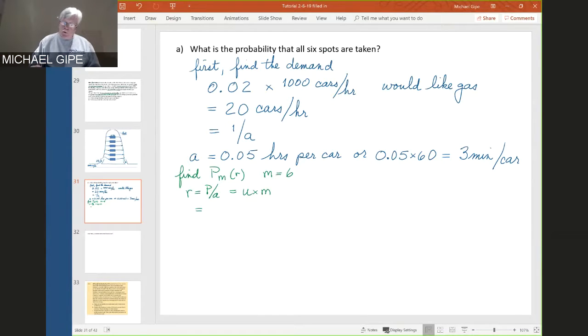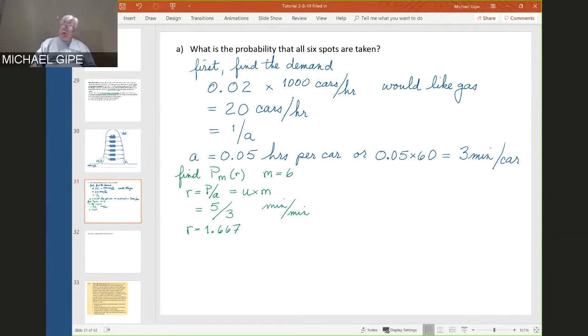We know that the processing time is 5 minutes per car, and we just calculated what the inter-arrival time is, 3, and that's minutes per minute. So R is 1 2/3.